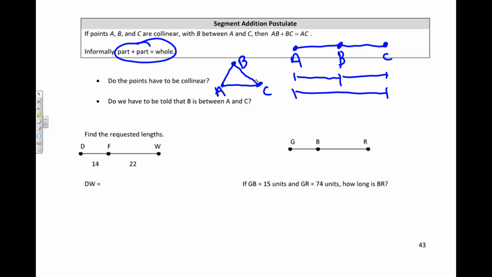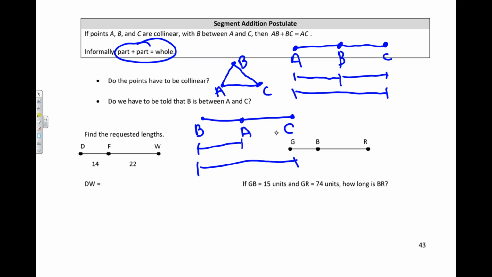And furthermore, B has to be between A and C, because if I put B as my outer point here, well, AB is this short segment, BC is this long segment, and then AC is another short segment. So that would be part plus whole equals part, which clearly doesn't work. So that's why we have to be told that B is between A and C.